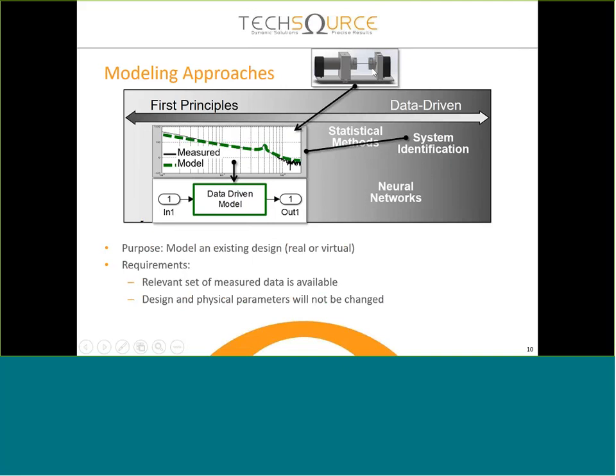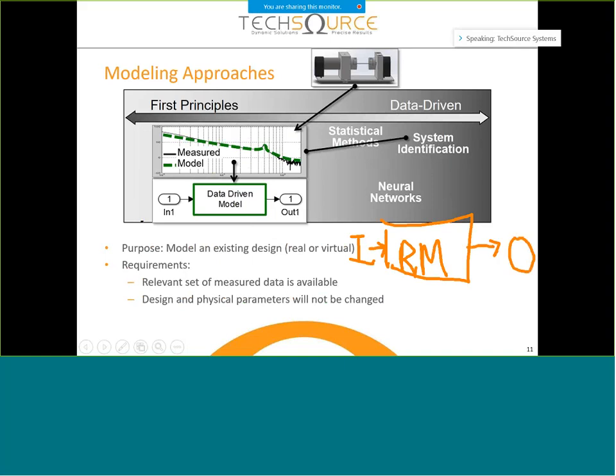The second approach is what we call data-driven modeling. Data-driven modeling means we know nothing about the system. In this way, what we do is that we have the input of the system. It goes into the real machine, and then you collect the output.